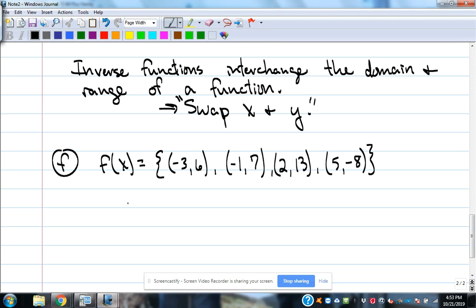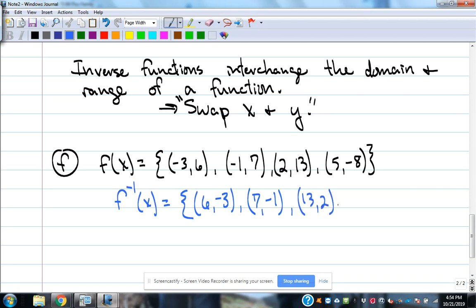The inverse of that function interchanges the domain and the range. The notation that we use looks like a little -1 exponent: f inverse of x. And you just swap the ordered pairs around: (6, -3), (7, -1), (13, 2), (-8, 5).